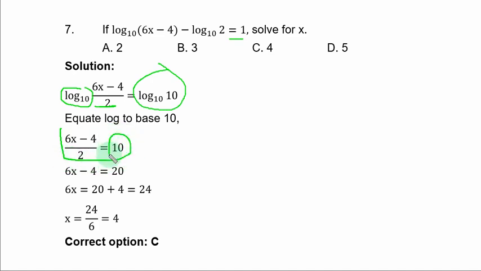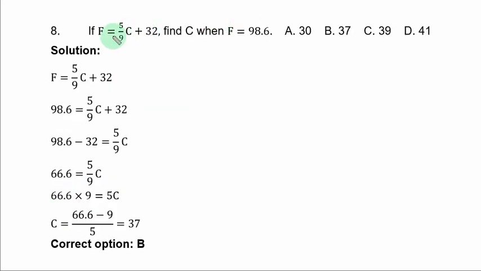If you clear fractions, you have 6s minus 4 equal to 20. Collect like terms, 6s is equal to 20 plus 4, and that is 24. To get s, divide both sides by 6, and s is equal to 4. C is the correct option.